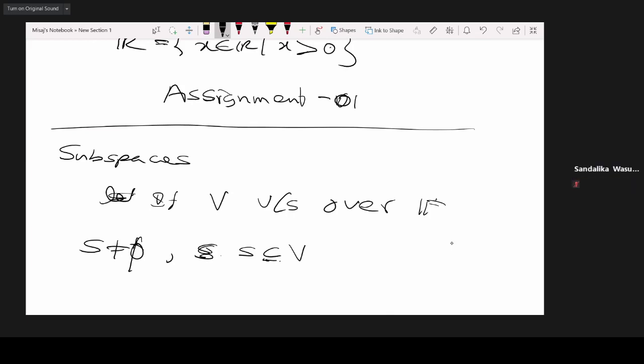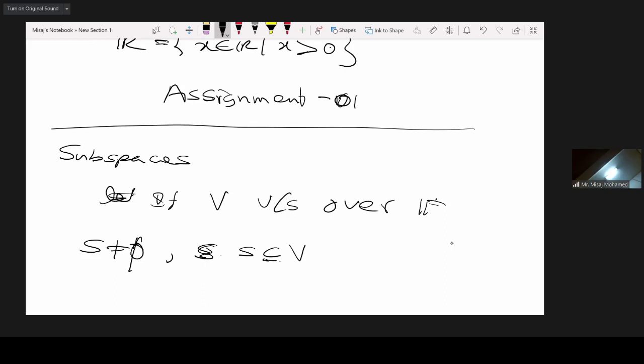If S is a non-empty subset of V, and S satisfies all the vector space properties of V over the same field, then S is a subspace.